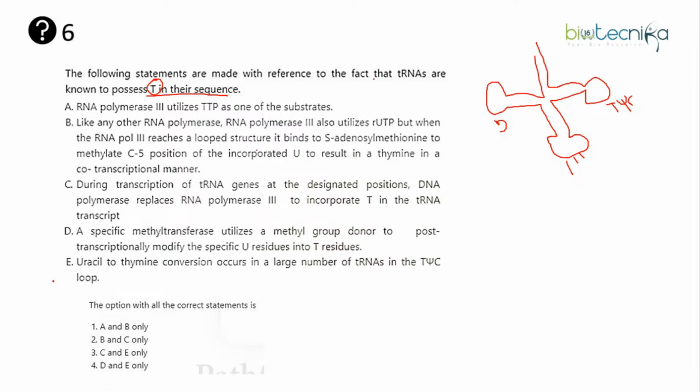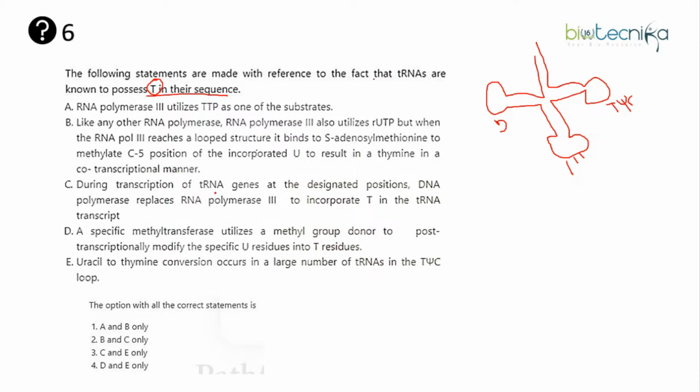So, if you look at the statements, statement 1: RNA polymerase 3 utilizes TTP as one of the substrates. Like any other RNA polymerase, RNA polymerase 3 also utilizes UTP, but when RNA pol 3 reaches a loop structure, it binds to S-adenosyl methionine to methylate the C5 position of the incorporated uracil to result in thymine in a co-transcriptional manner.